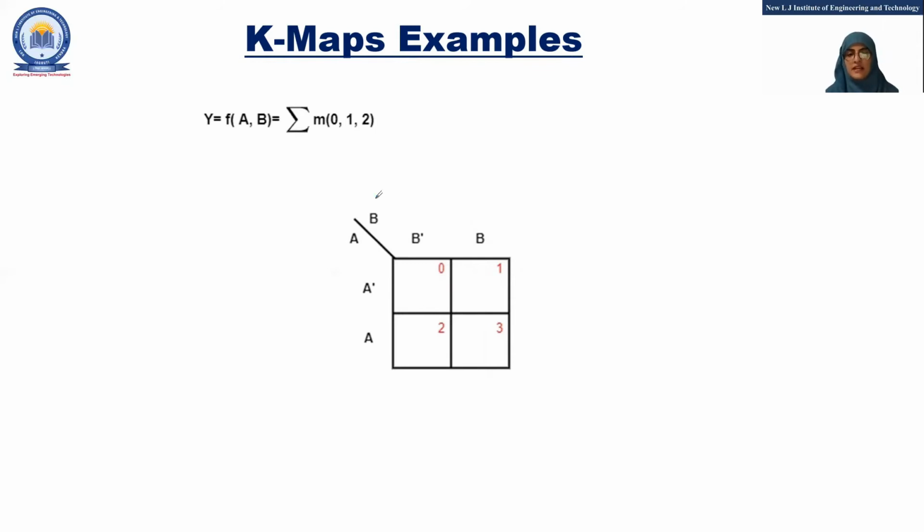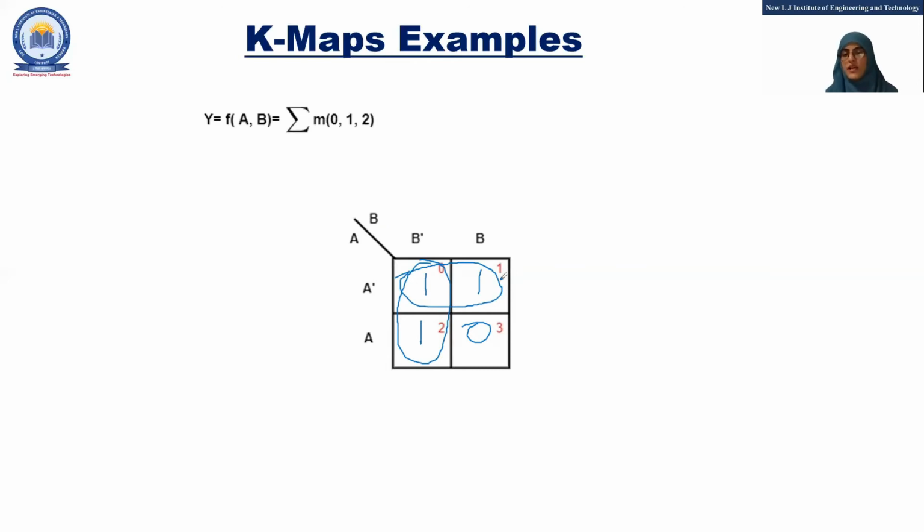We can fill it like this. So this will be 1. This is SOP form, and for SOP form output is 1. So we will write down 1 in the given min terms. Here we can make pair of this and pair of this. We have to consider the maximum group possible.